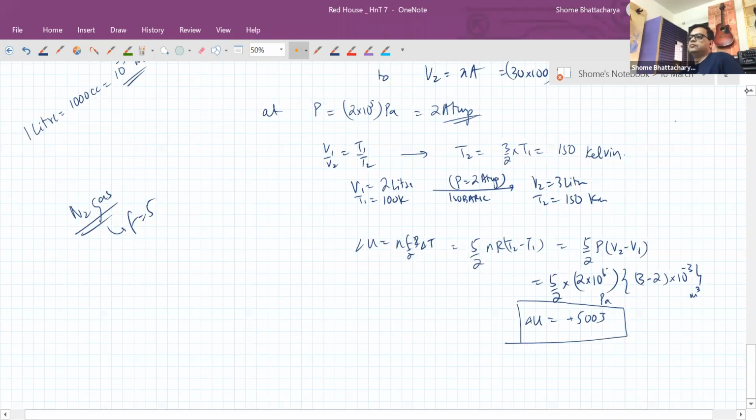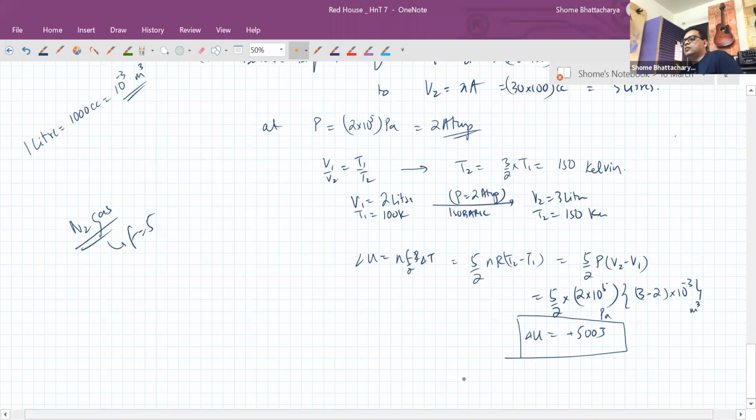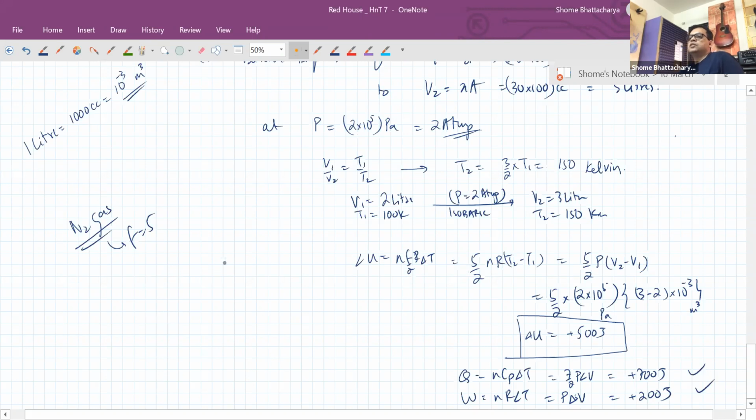Okay. Q is equal to nCp delta T. W is equal to nR delta T. So that is P delta V. That is 7 by 2 into P delta V. So this will become plus 700 joules. This will be plus 200 joules. Okay.